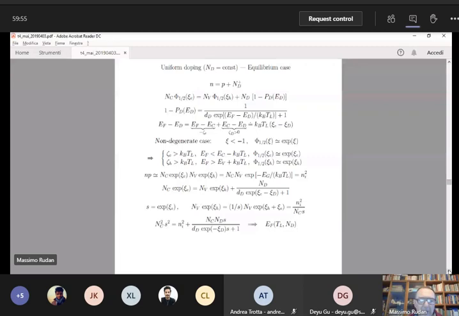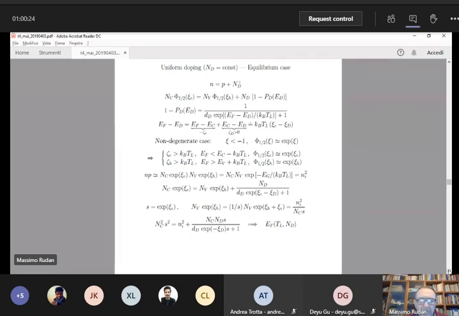At this point you just replace the expression. So small n becomes Nc times the Fermi integral of order 1/2 of psi e, and this is equal to Nv times the Fermi integral of order 1/2 of psi h, plus Nd times 1 minus Pd of Ed.